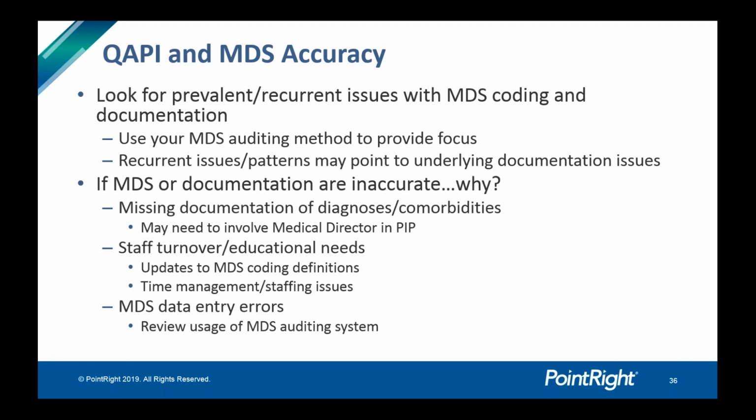So making sure that everybody's up to speed on what is required in the documentation is really, really important. And just simple data entry errors that should be caught by your MDS auditing system before you go ahead and submit that MDS to CMS and code that HIPPS code on the claim.